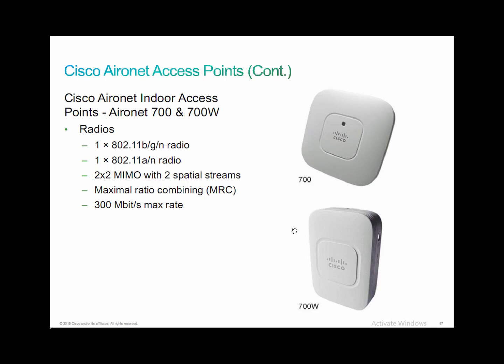The 700, which you see on the top there, has a 2.4 gig 3 dBi antenna and a 5 gig 4 dBi antenna. And the bottom one that you see there also incorporates 4 10/100/1000 Ethernet ports for wired connectivity as well.